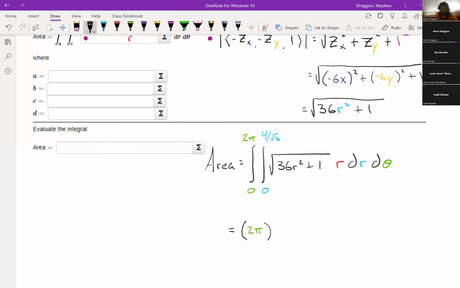Then I want to integrate the rest of that thing. I'd probably pick a u substitution that's 36r squared plus 1 is u, means du is going to be 72r dr. The r is already there, but it is missing that factor of 72. So I'm going to multiply it in right here, 1 over 72.